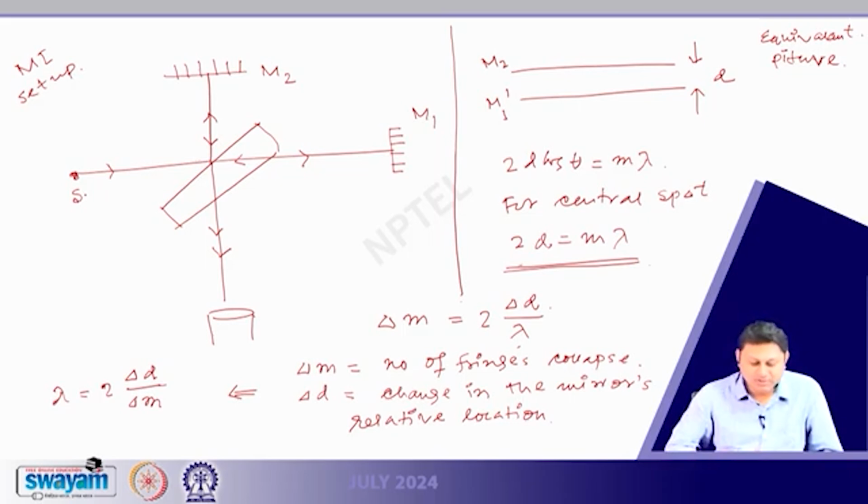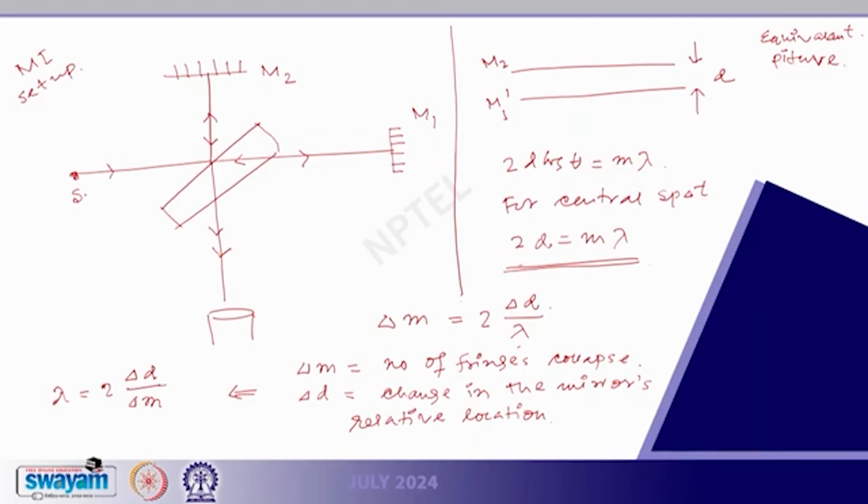So, this is one of the important aspects of Michelson interferometer. We do not have much time to discuss more about this. Today we discussed the basic setup of Michelson interferometer, and then we studied how an equivalent optics can be generated through this setup.